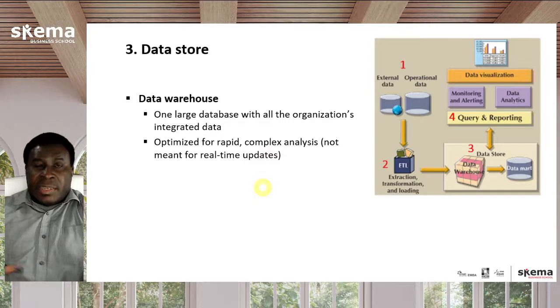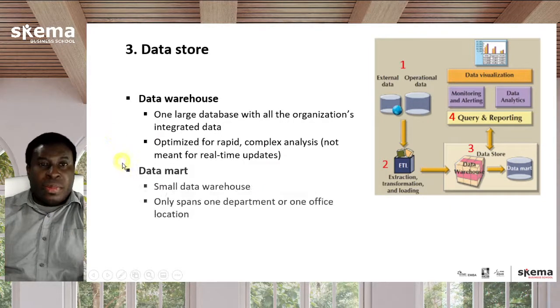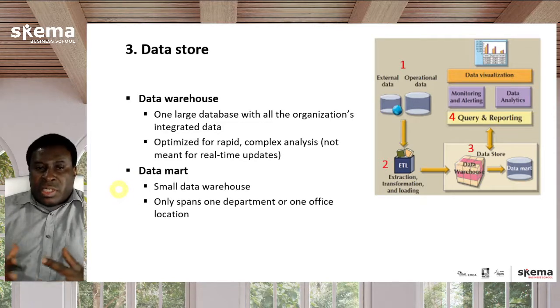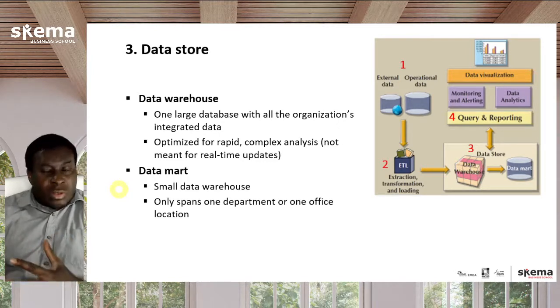Now, as I said, the ideal case is you have a data warehouse with all the organizational information in one place, but most of the time you don't have the ideal situation and you have a smaller subset of the organization's data, which is called a data mart. And here, a data mart, instead of being the entire organization, represents only maybe one department or one office location.